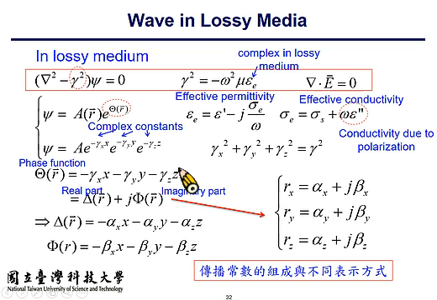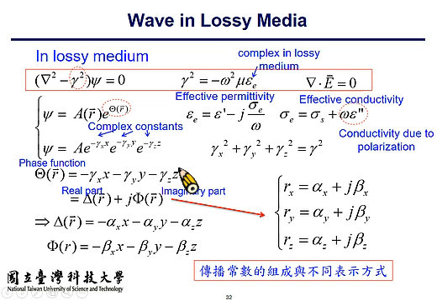Unless you are talking about left-hand material or artificial material, some fancy stuff. Otherwise, the alpha and beta should be positive real number. Okay, so in lossless medium, you have no attenuation.